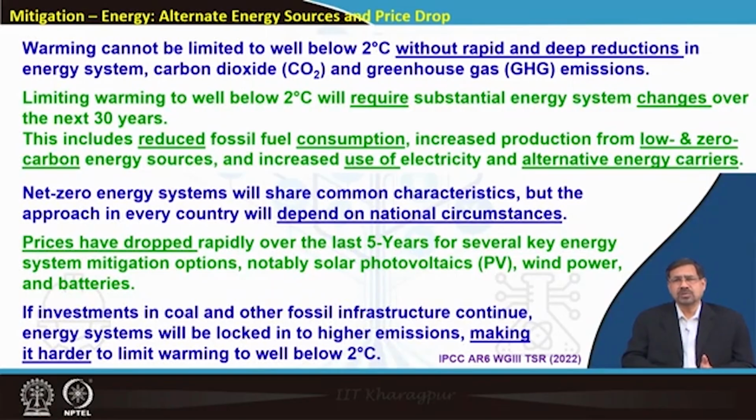So, battery technology we have to develop and we have to trap energy from other renewable energy sources which are greener in nature. This will actually lead to achievement of the net zero energy systems.